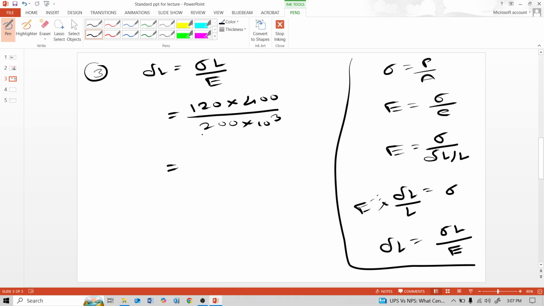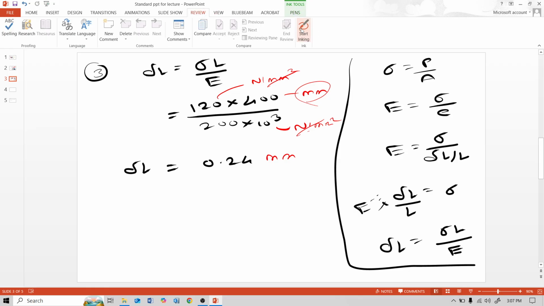That means this is 0.24. And unit we all know, unit is mm, but calculate unit. See, this stress is in Newton per mm square. This length is in mm, and this E is also in Newton per mm square. So this Newton per mm square cancel. Remaining unit is mm. So unit is mm.